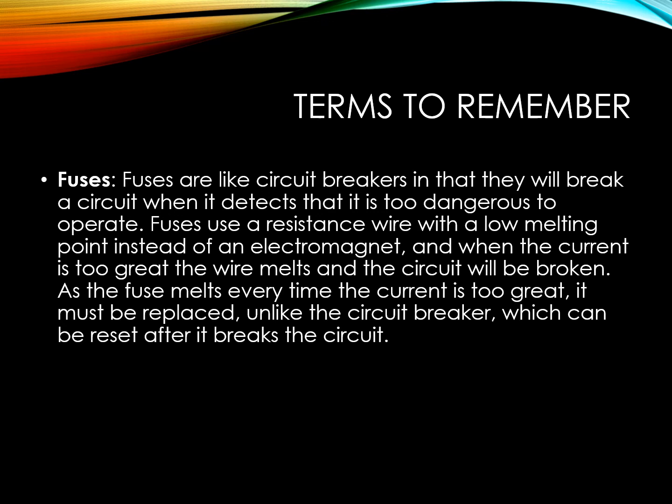Fuses are actually resistance wires that use a low melting point instead of an electromagnet. And when the current is too great, the wire melts and the circuit will be broken. As the fuse melts every time the current is too great, it can be replaced, unlike the circuit breaker, which can be reset after it breaks the circuit.